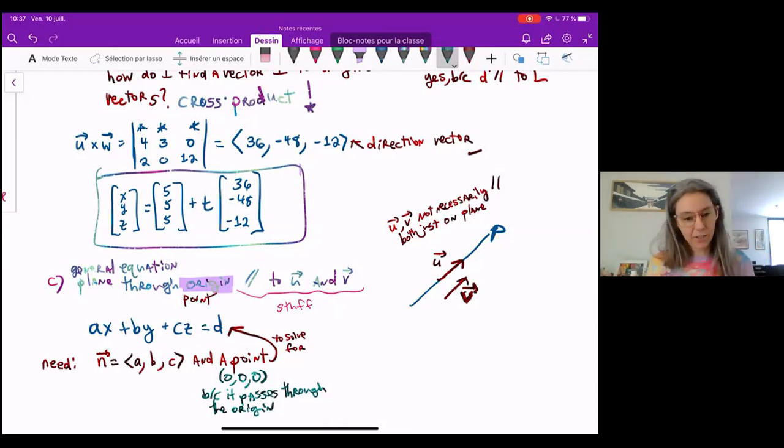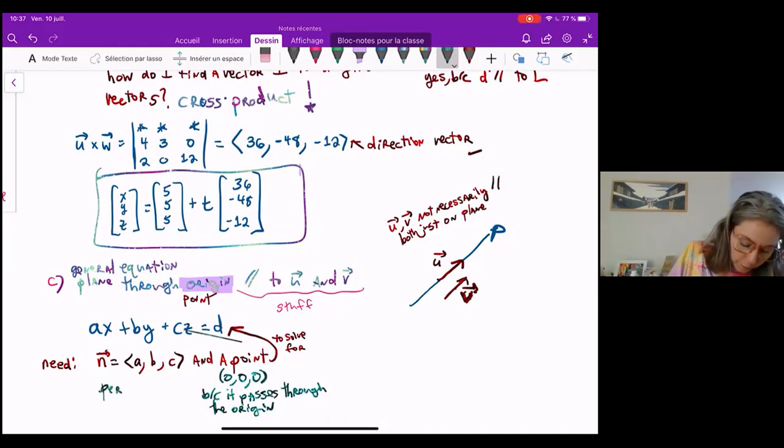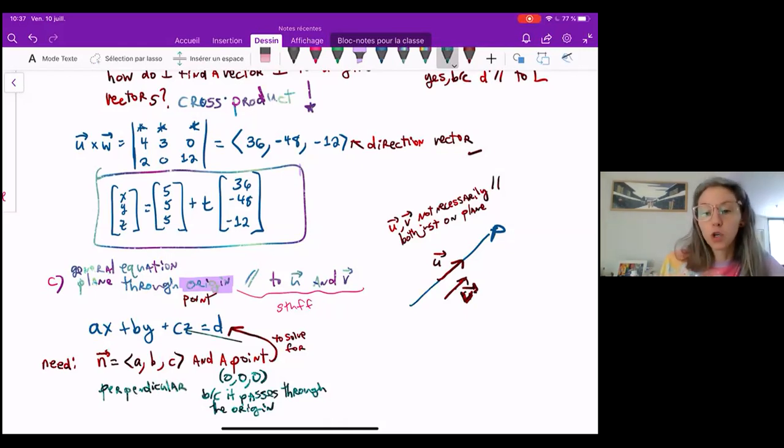Yes, my normal vector is always perpendicular. The normal vector by definition is a vector that's orthogonal. If you do not have that memorized, these problems are going to be really challenging. Direction means parallel. Perpendicular and normal go together.